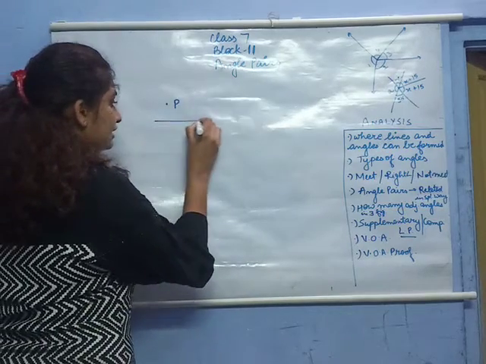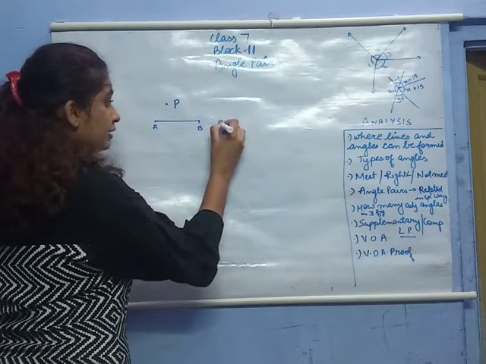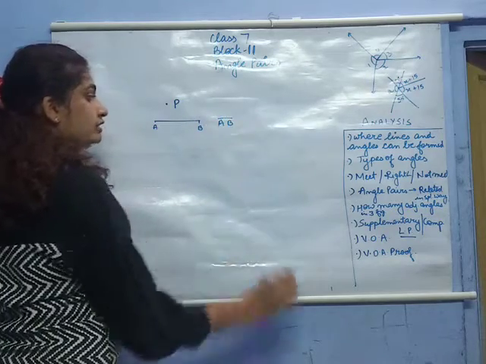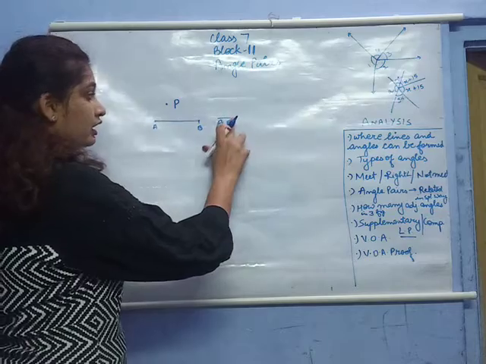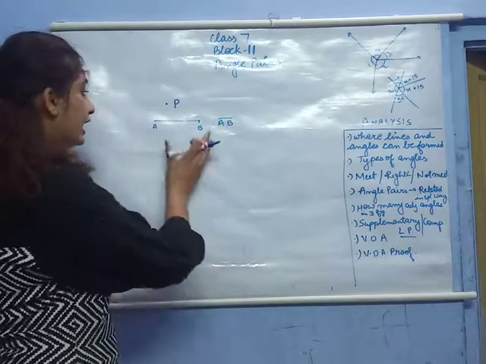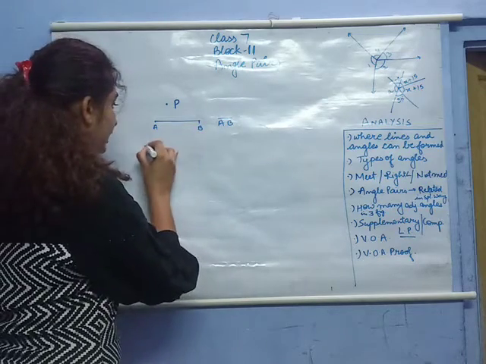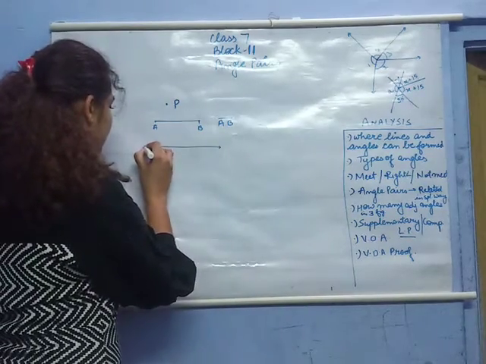Then comes a line segment. AB is a line segment with the symbol AB and a bar over it. It has two endpoints and has a fixed length. Then comes a ray.